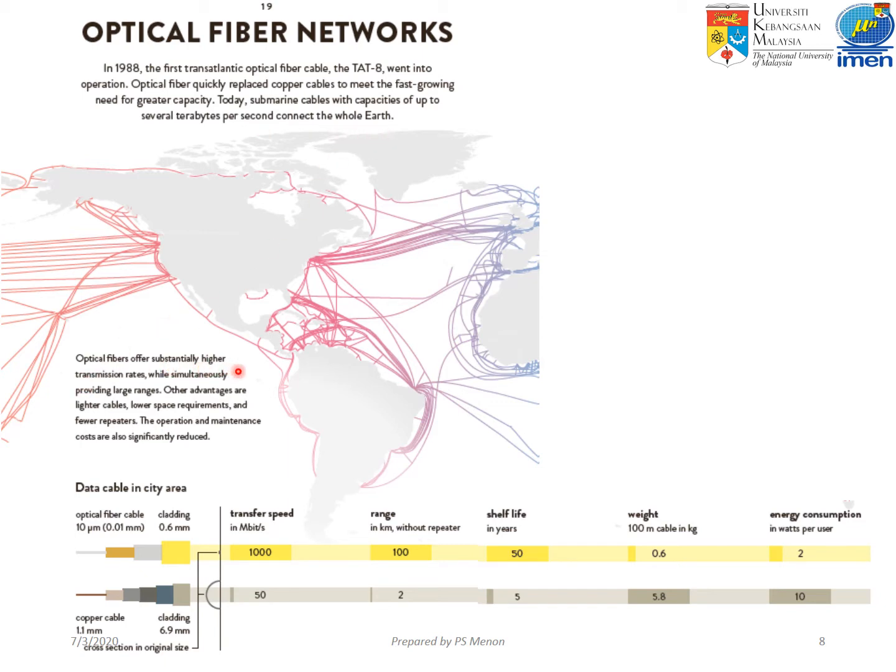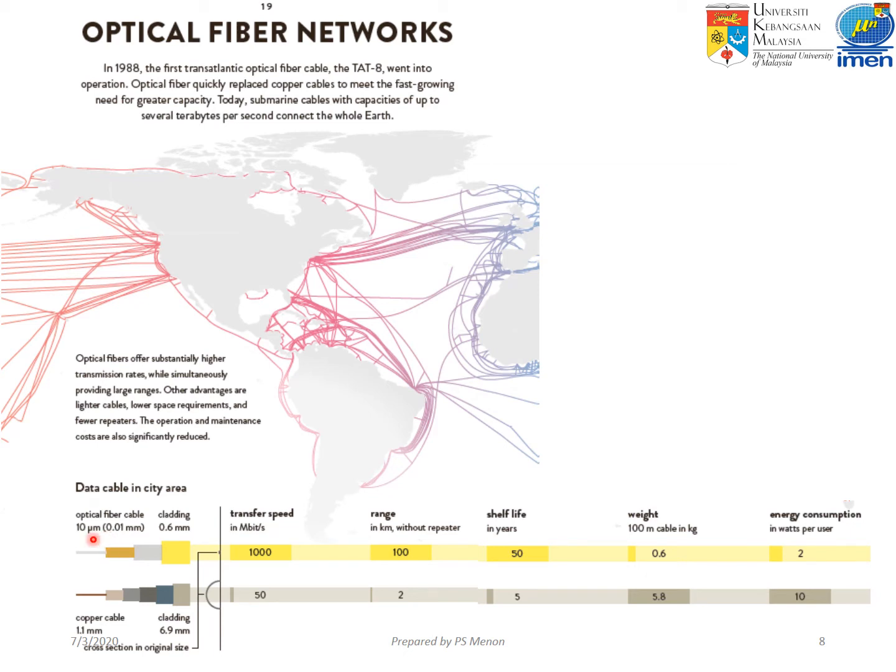Optical fibers offer substantially higher transmission rates while simultaneously providing large ranges. Other advantages are lighter cables, lower space requirements, and fewer repeaters. The operation and maintenance costs are also significantly reduced. Here is a comparison between an optical fiber cable and a copper cable.